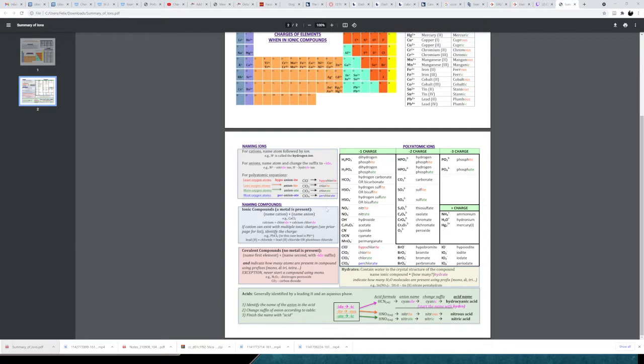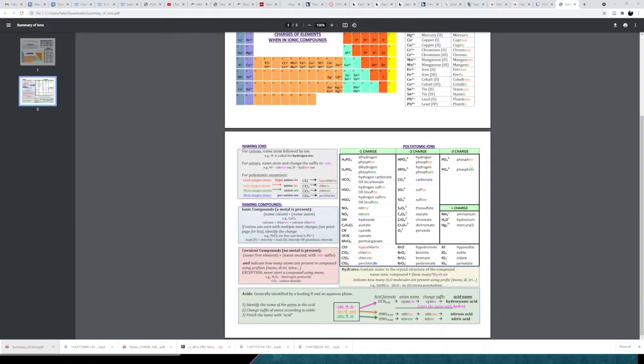There are some patterns here that you can see. If you memorize all the 8s of everything, even though the 8s may not be related, like phosphate is PO4 3 minus, and chlorate is ClO3 minus, the relationship from ate to ite is the same.